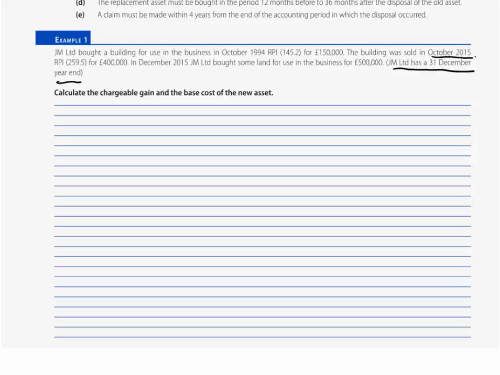But of course what we then go on to see is that in December 2015, we bought some land, so land and buildings, for use within the business, critically for £500,000. Now I say critically because it means we sold for 400, we bought for 500. What does that mean?